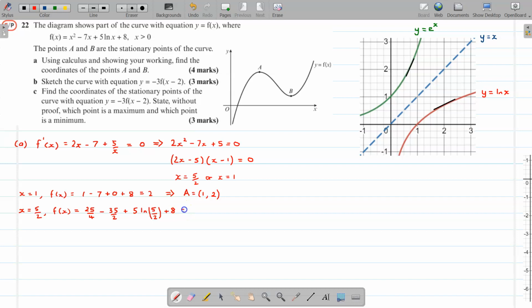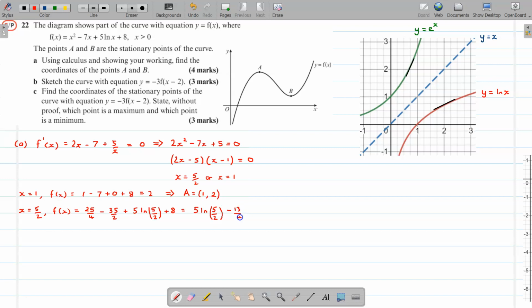If we put all that into the calculator or simplify it, we get 5 log 5 over 2. We could simplify that or write it in other ways, but we'll leave it like that as a log, and we take away from that 13 quarters.